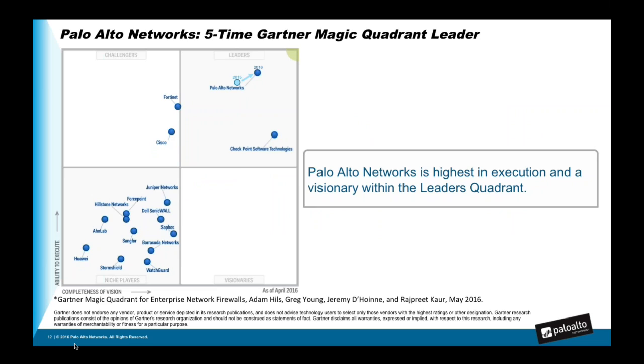So Palo Alto Networks is a 5-time Gartner Magic Quadrant leader. As you can see out here, we are considered the vendor in the top rightmost corner, where we are considered to be highest in execution as well as being a visionary.